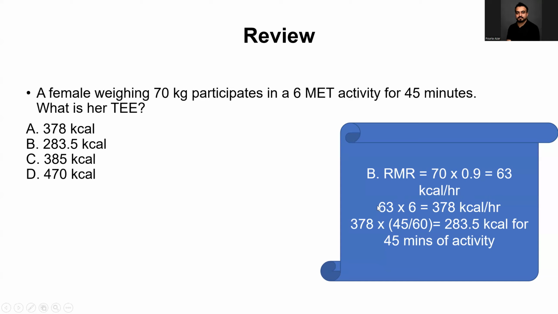We have to multiply that by MET, which is 6. We get 378 kilocalories per hour, and we have to multiply that by 45 divided by 60, because we have 45 minutes, and it gives us 283.5 kilocalories for 45 minutes of activity.